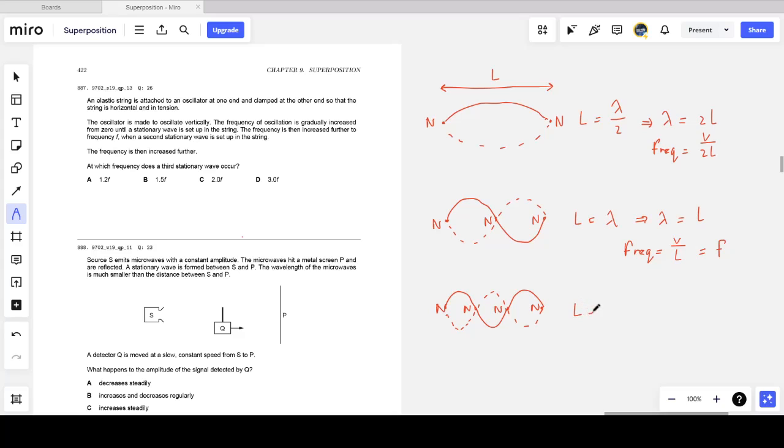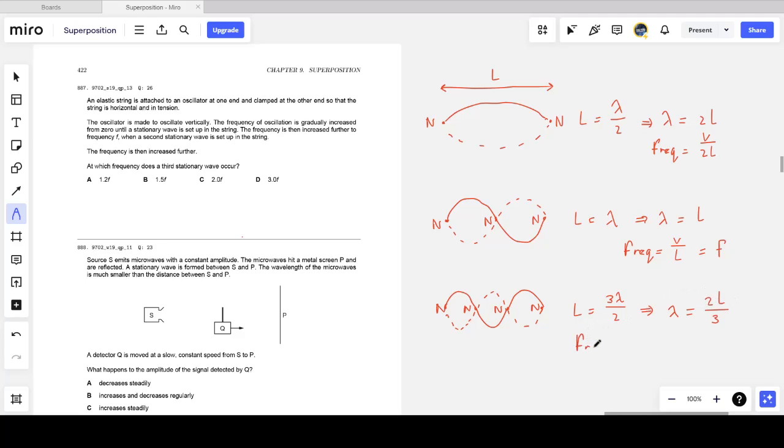And here the length of the string is still L, but this equals one wavelength and another half of a wavelength. So it's 3 lambda over 2, 1.5 wavelengths, which means that the wavelength is 2/3 of the length of the string.